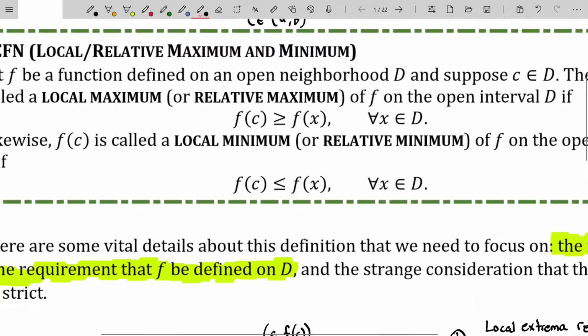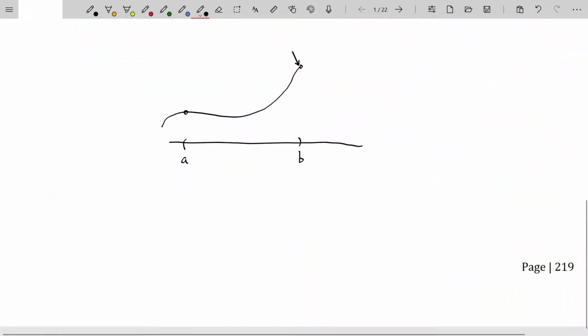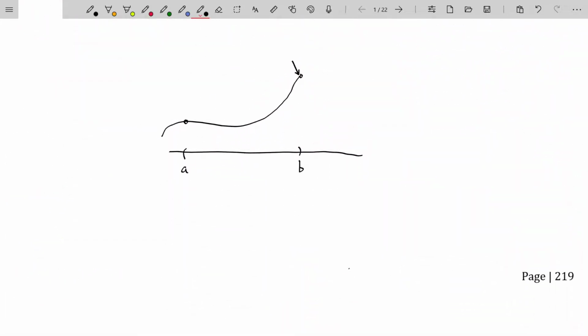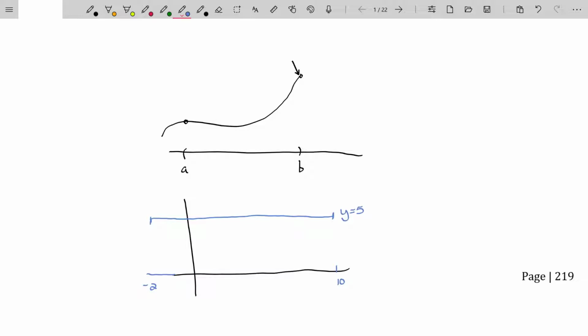So an extreme example would be a horizontal line. So let's consider this line right here, the line y equals 5. And let's just limit it to go between 10 and let's just call this point down here -2. Okay, so between -2 and 10, that's all I really care about.